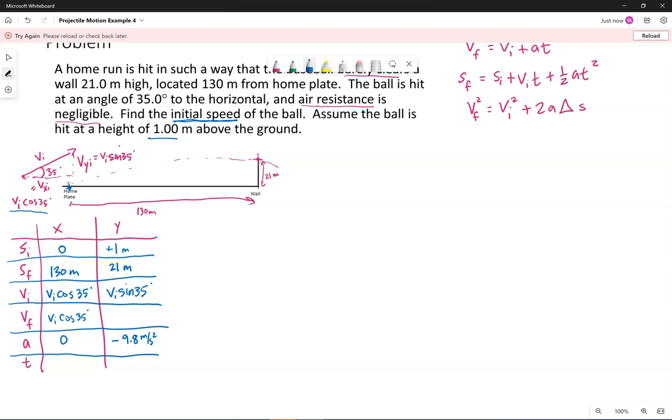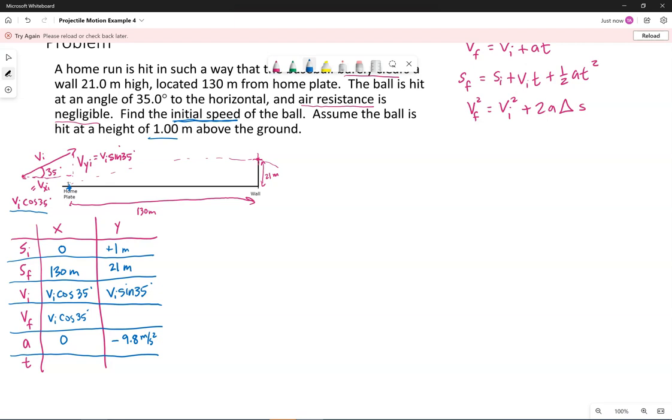So in terms of the information given, v final for the y direction we don't know, time we don't know, and this initial speed we don't know. Okay. This is where we would often start to panic because we don't have enough information to actually solve for anything yet. But let's not panic. Let's continue moving through the same process as we have before.